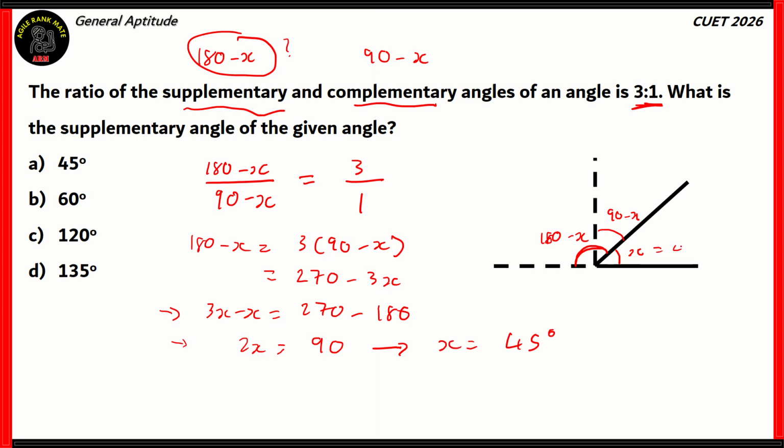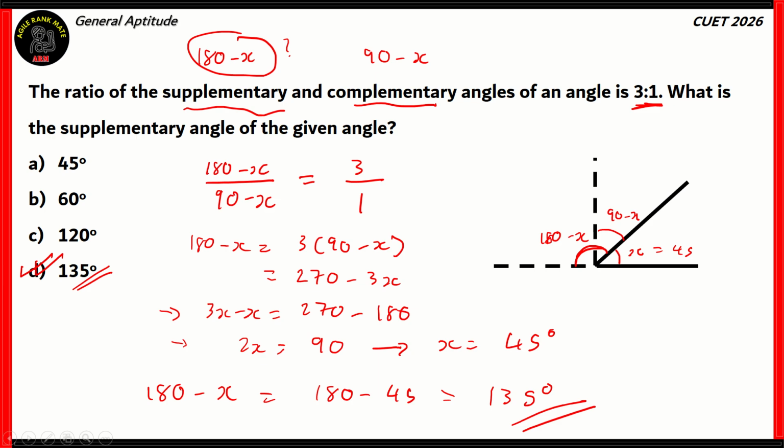We need to find 180 minus x, so that is 180 minus 45, which in this case will be 135 degrees. So for this question, option D turns out to be the right option.